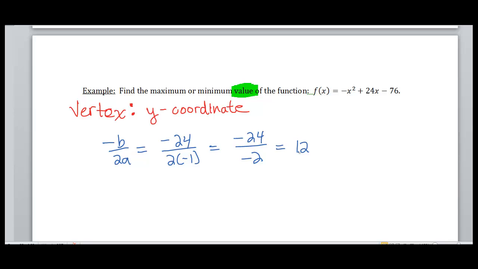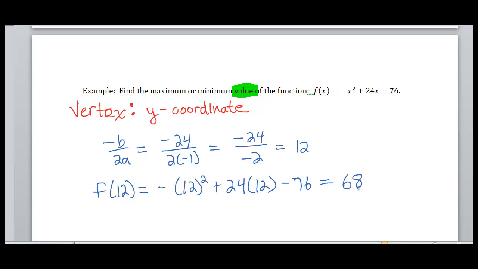And so my solution here is going to be f of 12, which is equal to -12 squared plus 24 times 12 minus 76. And that is going to equal 68.